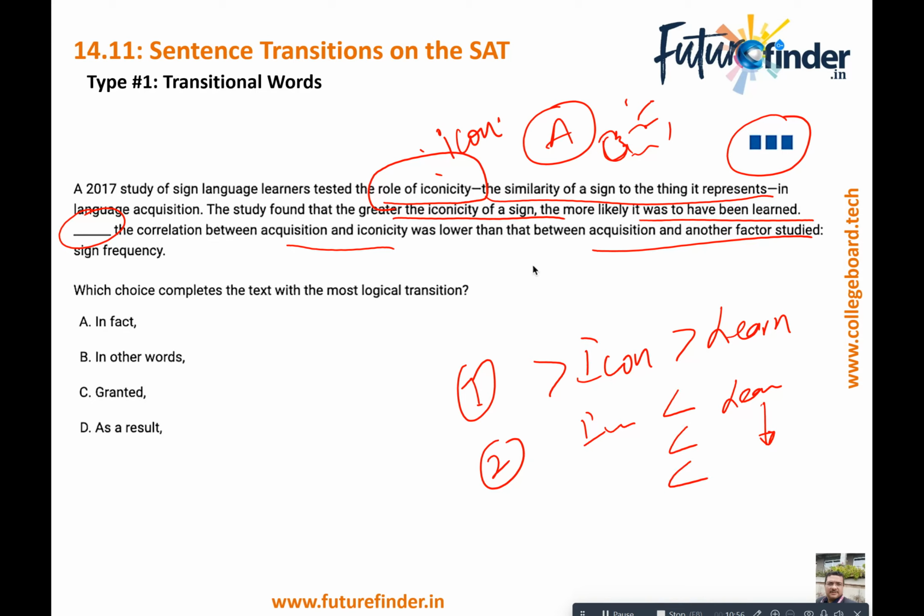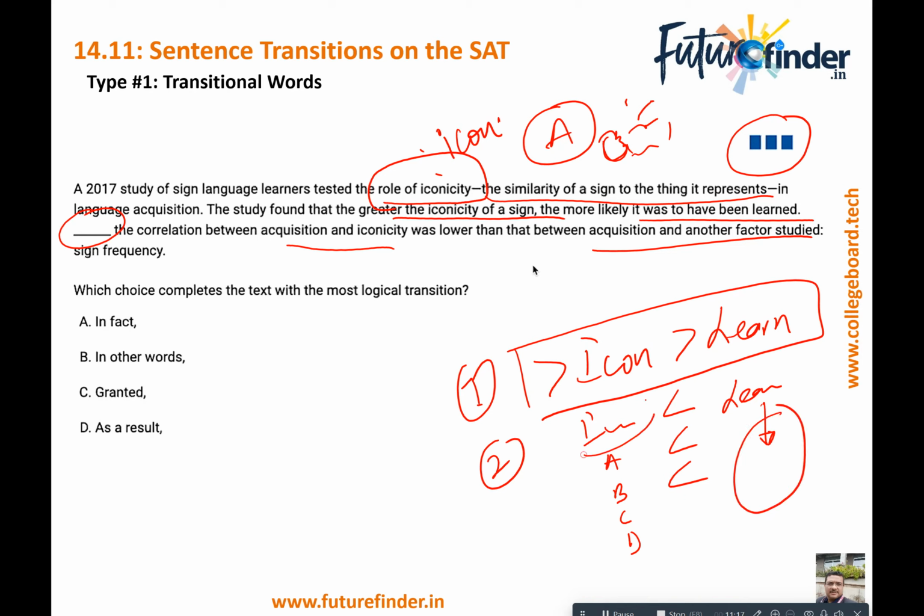Fine. So in the first one, it says that the more the iconicity, the greater the acquisition of a language. In the second one, it says there are factors, let's call them A, B, C, D, which have got higher value in learning a language than iconicity.